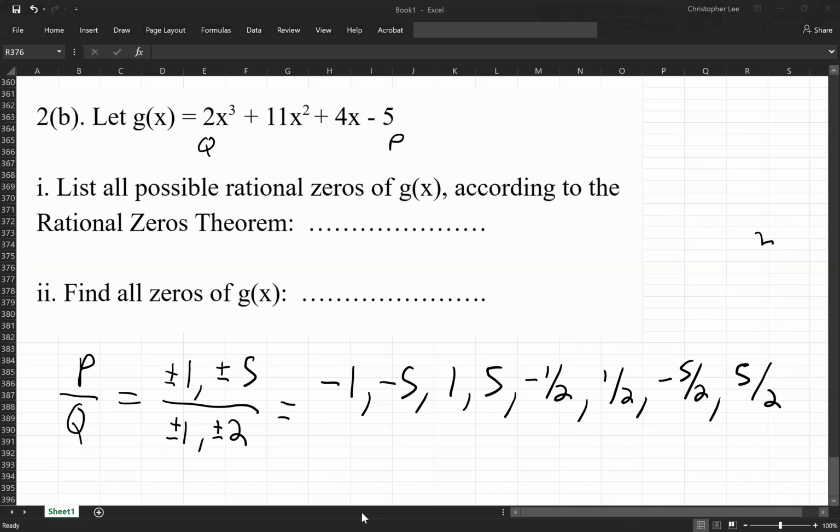Bear with me one second, please. Trying to generate this graph, make it a little bit easier for us.